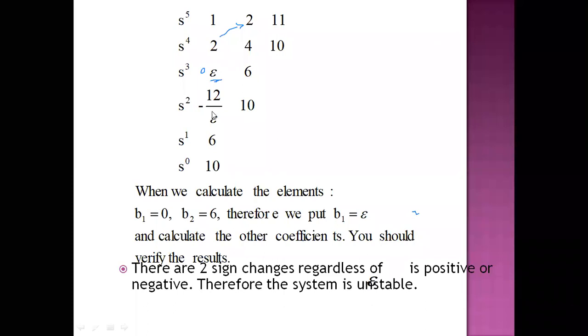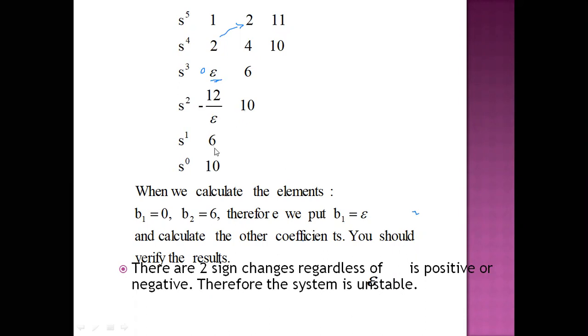With the small element epsilon, if I proceed, multiplying 4 into epsilon minus 12, divided by epsilon, we'll get minus 12 divided by epsilon. If you assign epsilon as 0, we'll get minus infinity.